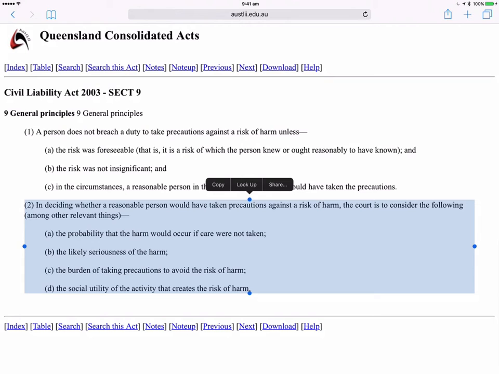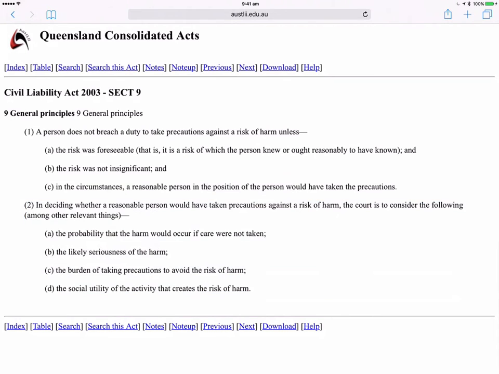So this is what the court has to consider to work out whether a reasonable person would have taken precautions. They've got to look at the probability that the harm would occur if care isn't taken, the likely seriousness of the harm, the burden of taking precautions, and the social utility of the activity. So 9.2 is the way we interpret 1C.